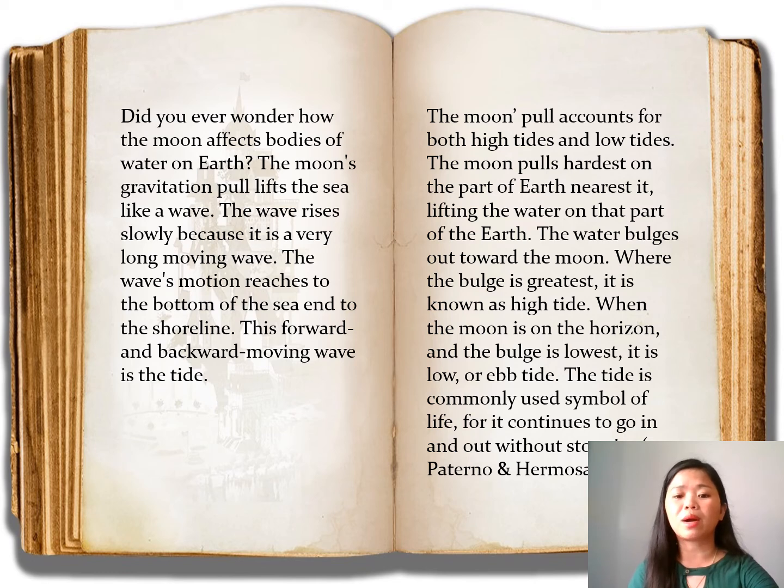The moon pulls hardest on the part of the earth nearest it, lifting the water on that part of the earth. The water bulges out toward the moon. Where the bulge is greatest, it is known as high tide. When the moon is on the horizon and the bulge is lowest, it is low or ebb tide. The tide is commonly used symbol of life, for it continues to go in and out without stopping. From Paterno and Hermosa, 1990.